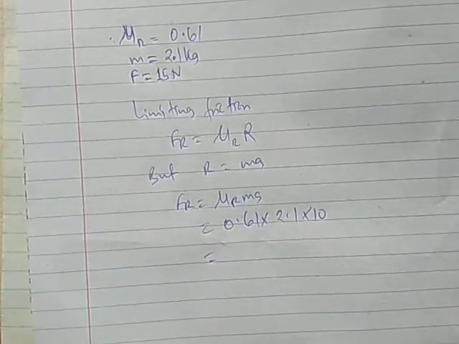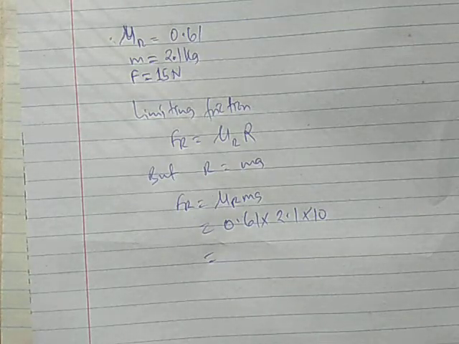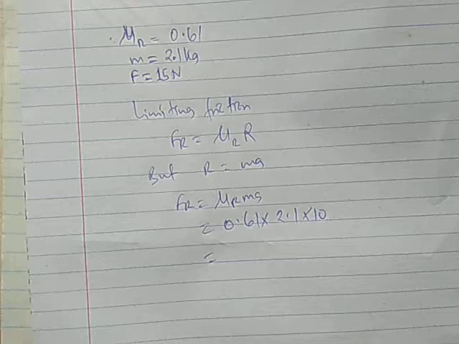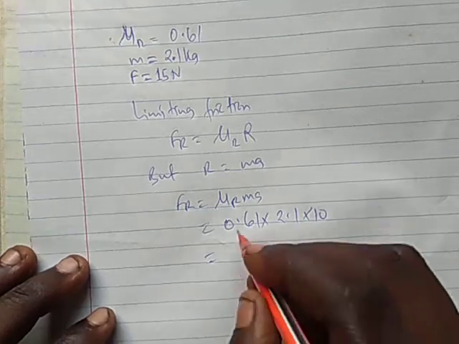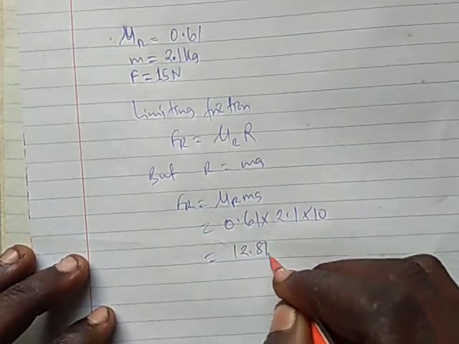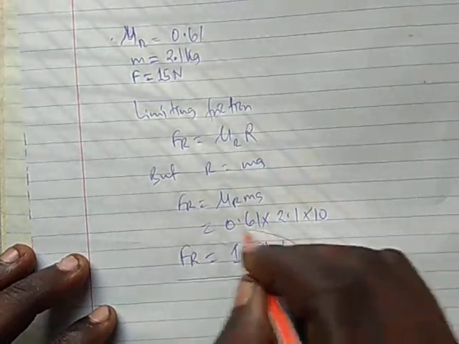So final answer ambayo unaweza kupata hapo, 0.61 times 2.1 times 10, you get it is 12.81 Newton.